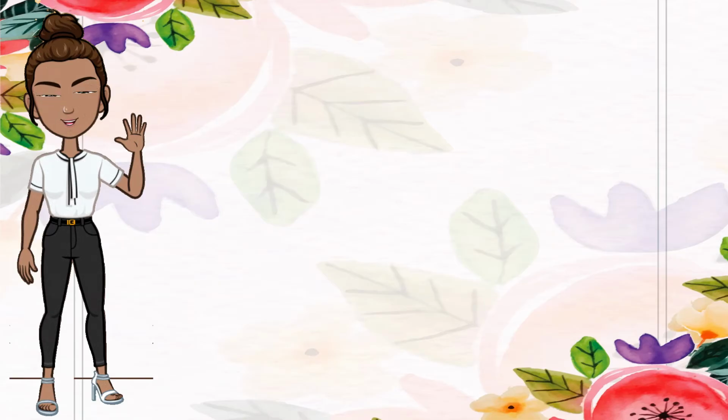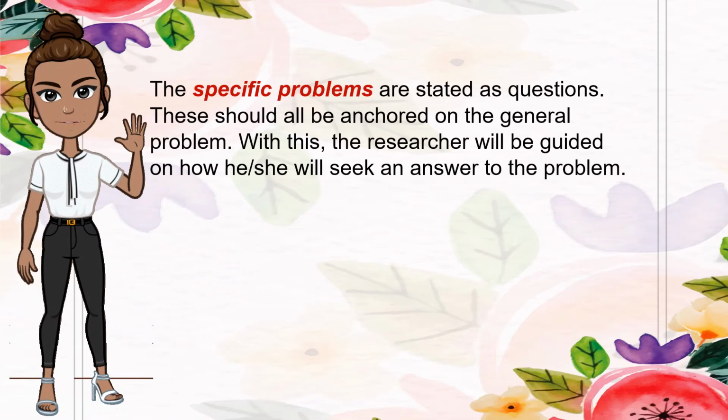After formulating the general problem of the study, enumeration of its specific problems should follow. Unlike the general problem, which is stated in a declarative form, the specific problems are stated as questions. These formulated questions, moreover, should all be anchored on the general problem.